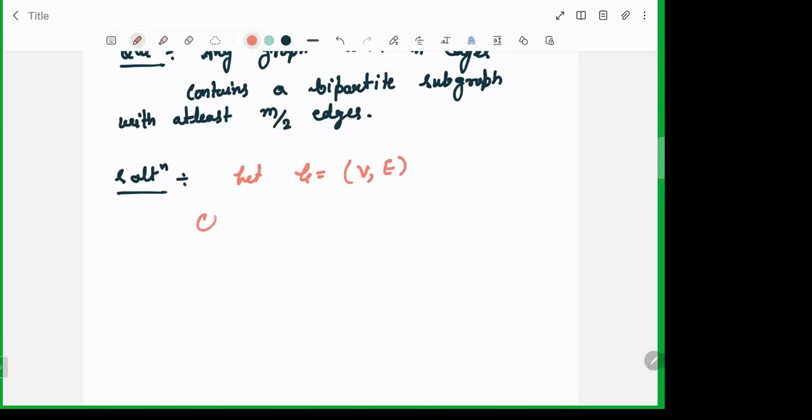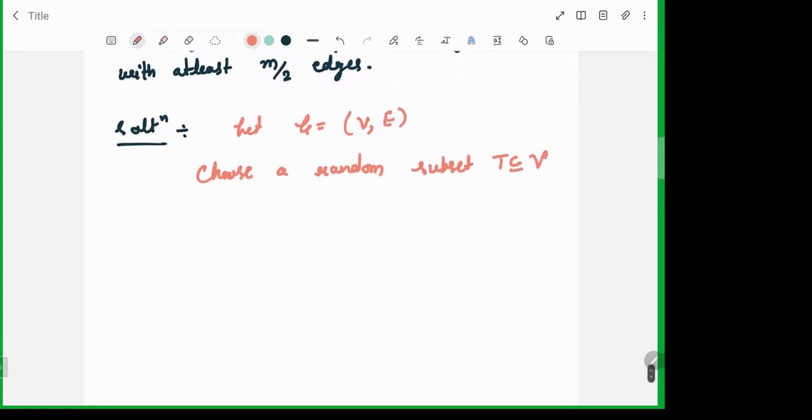So let's choose a random subset T of V by inserting every vertex into T independently with probability half.